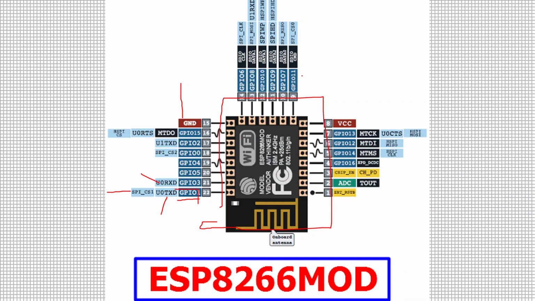Again we have general purpose input output pins. So VCC. So here you supply voltage, and this is an ADC, analog to digital converter. So mainly these are the main important parts to remember.